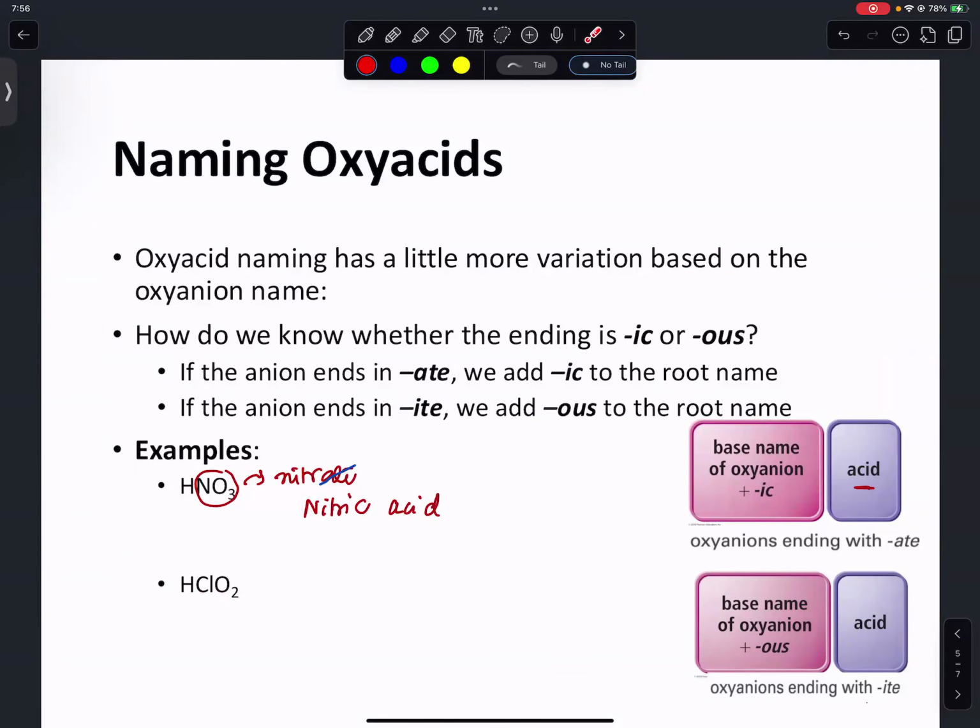Similar to what I did with nitric acid, I'm going to start with the base name of the oxyanion, drop the ite, add ous, and then the word acid. This ion here is chlorite. Instead of chlorite, I will drop the ite and convert it to ous, so it becomes chlorous acid.